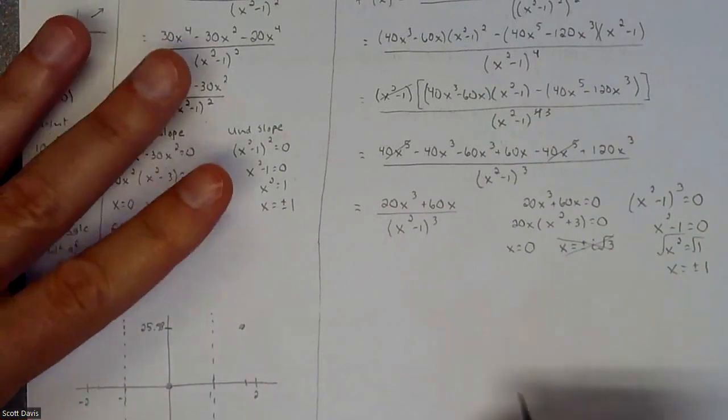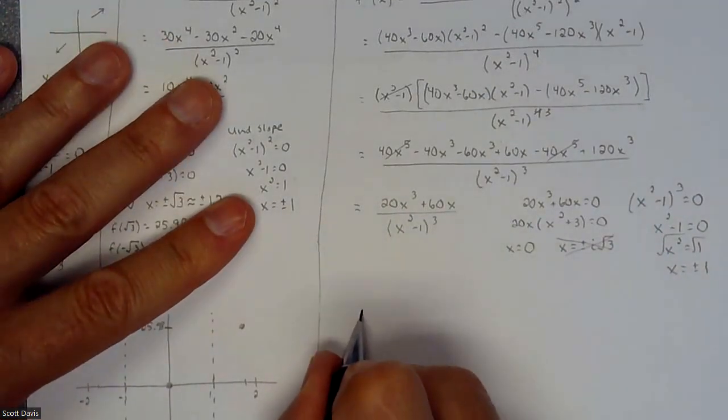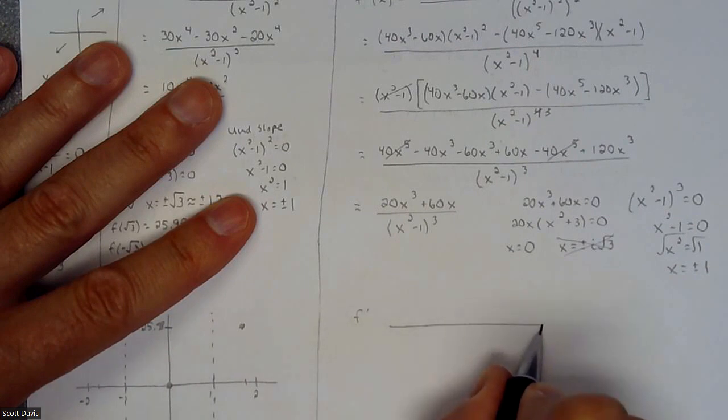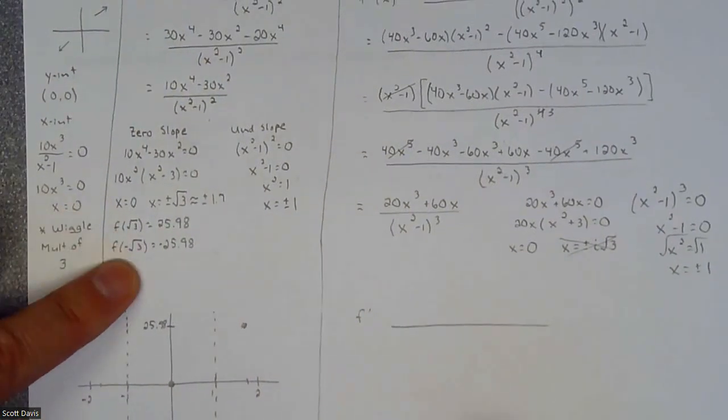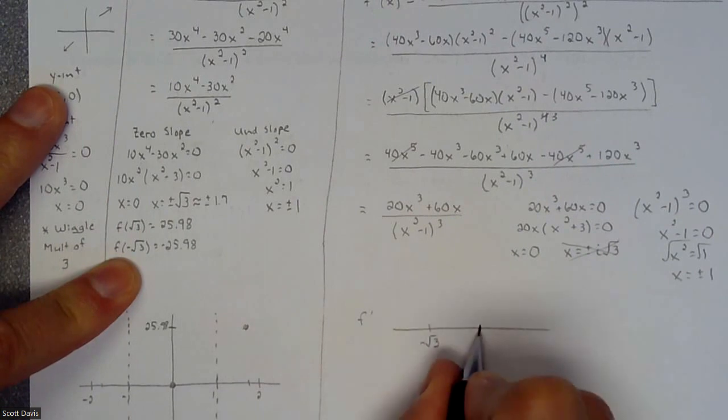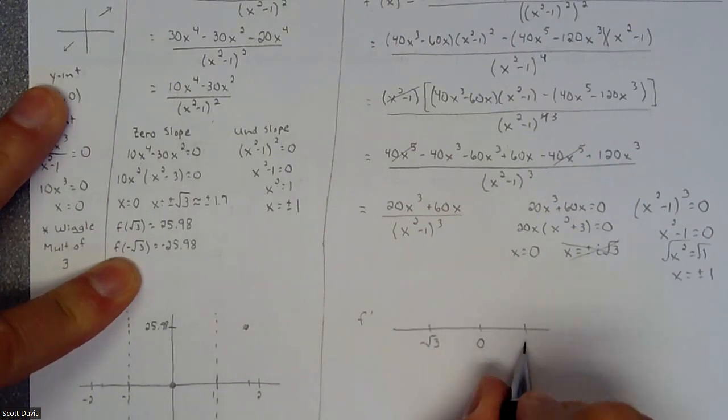All right, so let's put it all together. We have first derivative stuff. We have critical numbers at negative square root of 3, 0, and positive square root of 3.